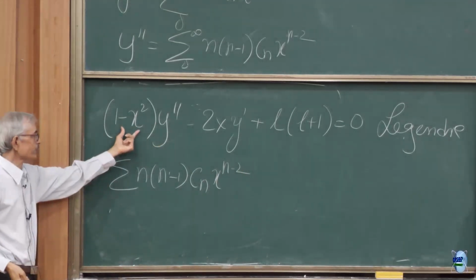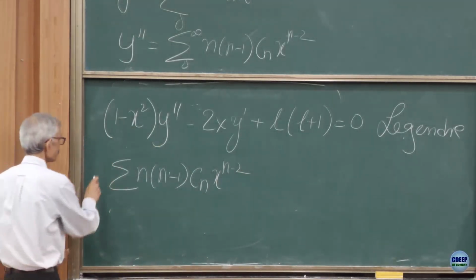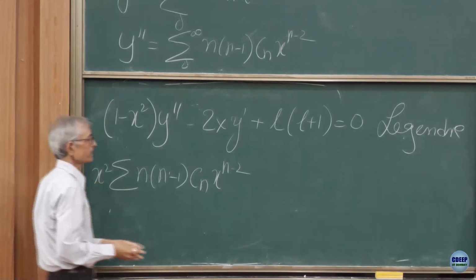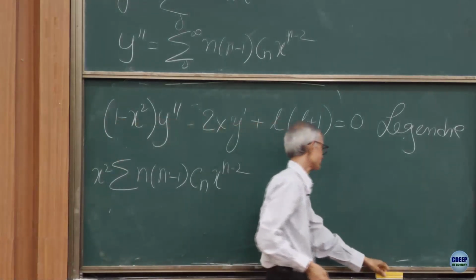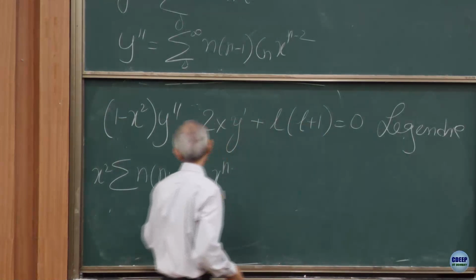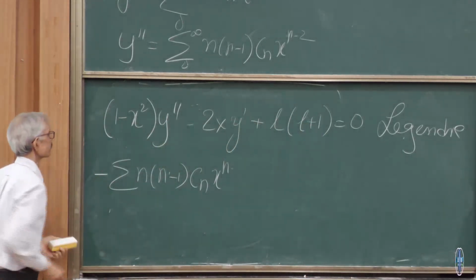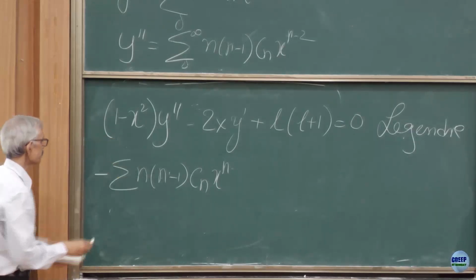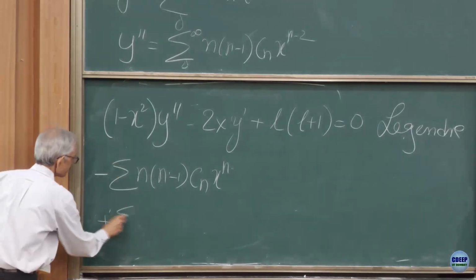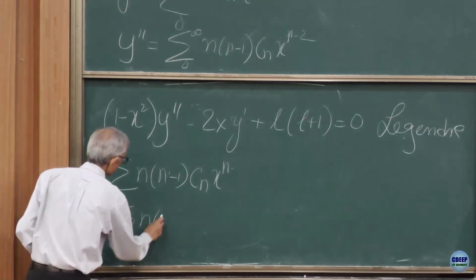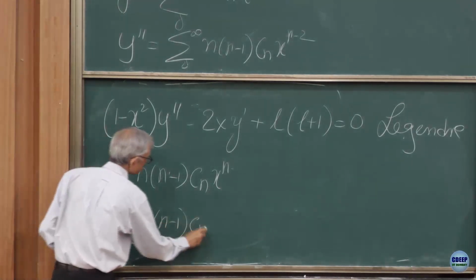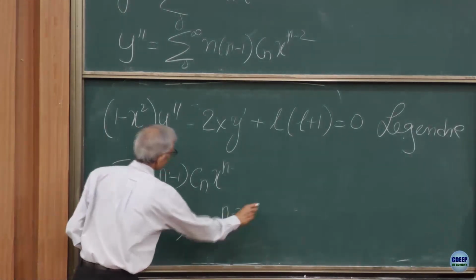I have an x square here, I multiply it with an x square, and I get rid of this minus 2. So this is one of the terms. Then the 1 times y double prime, which is summation of n into n minus 1 Cn x to the n minus 2.